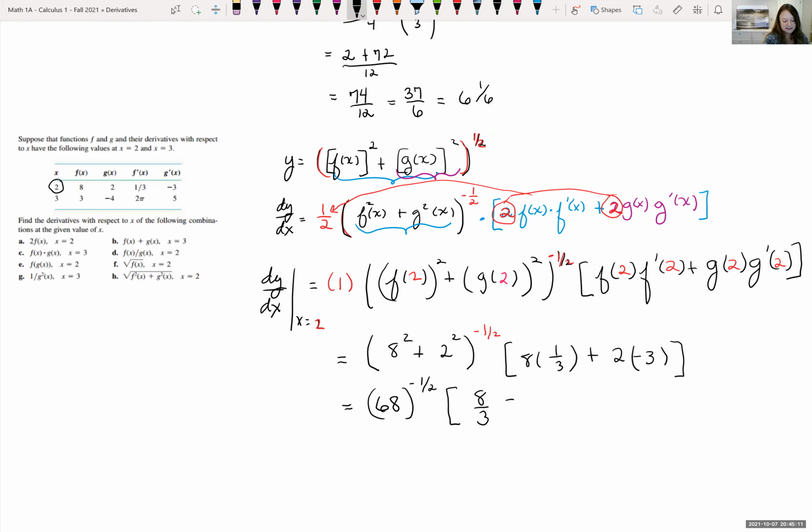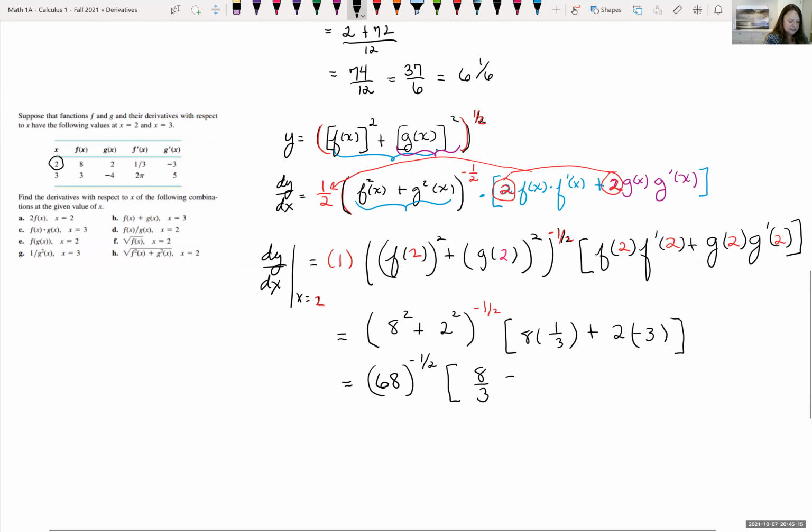So negative 6 with a denominator of 3 would be negative 18/3. I can bring that 68 down to the denominator and make that negative 1/2 power positive. And I have 8/3 minus 18/3 is negative 10/3.